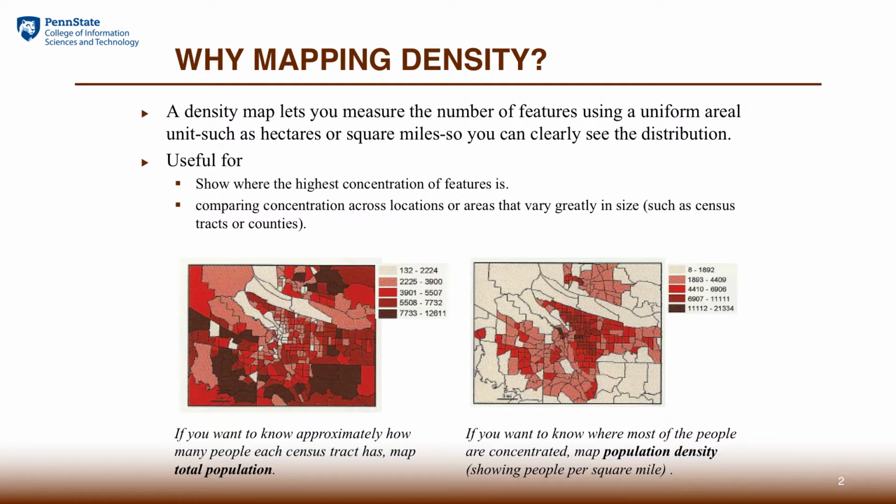Mapping density also involves analysis of what's needed for the output. For example, a density map is trying to answer very different questions. Compare the two maps at the bottom of this page. The map on the left side is the normal cartographic mapping of counts.